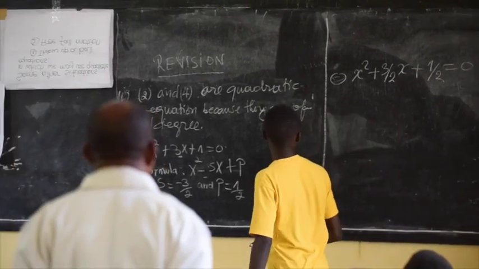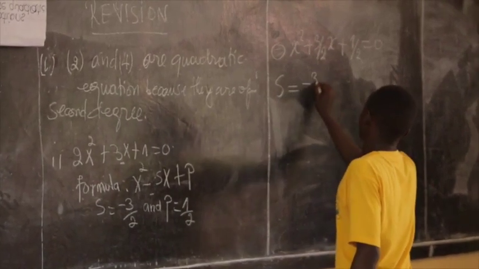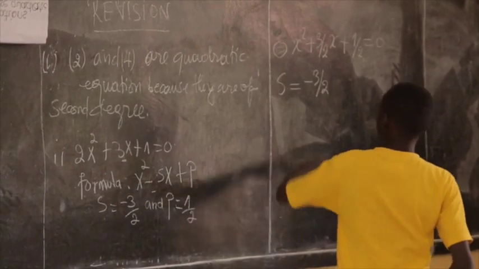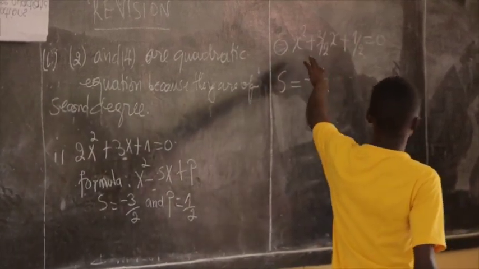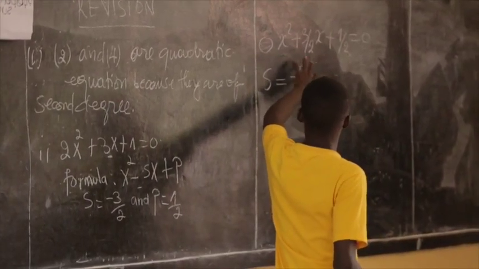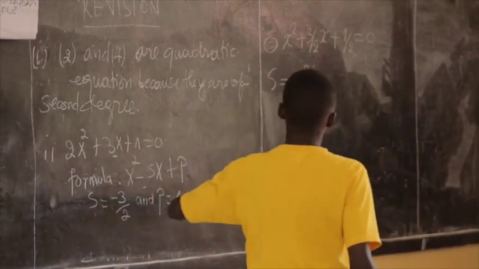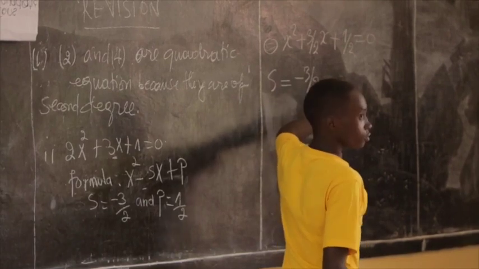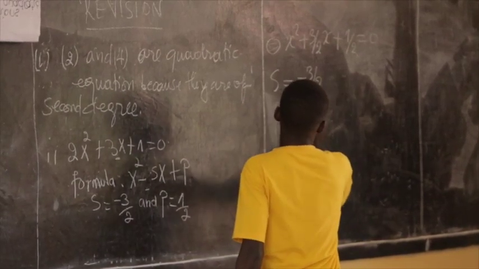And we get now the sum equals negative 3 over 2, because to get this quadratic expression in terms of sum and product, we multiply the sum by negative. It means we get negative 3 over 2. And the product is 1 over 2.